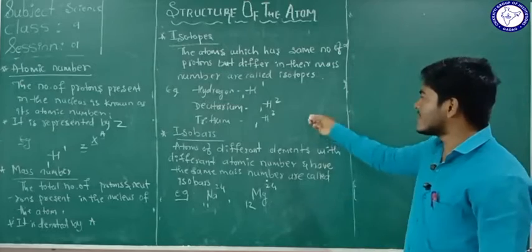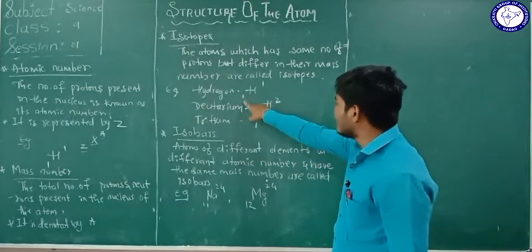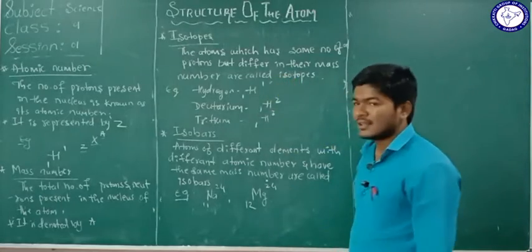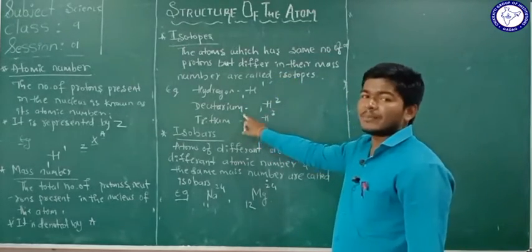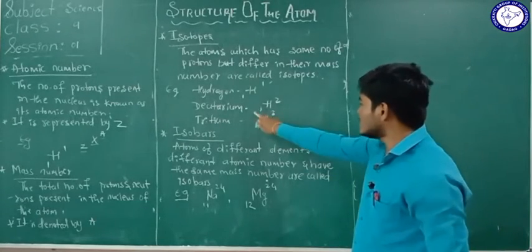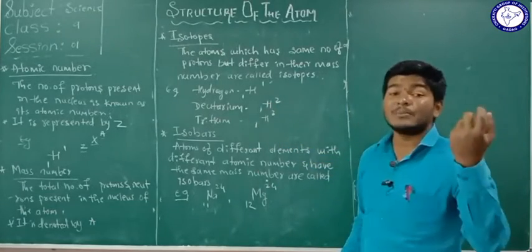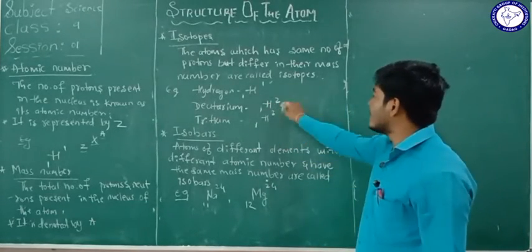For example, hydrogen has atomic number 1 and mass number 1. But deuterium, which is also a form of hydrogen, has atomic number 1 and mass number 2.